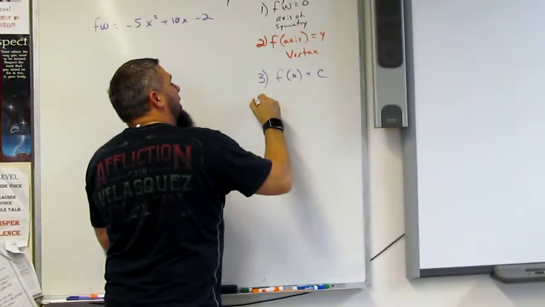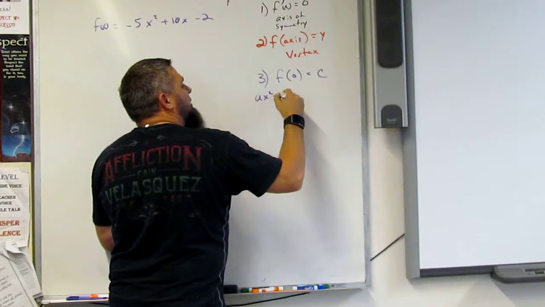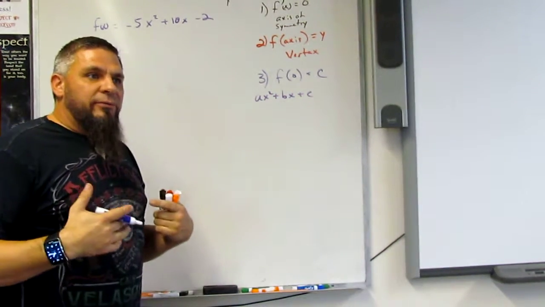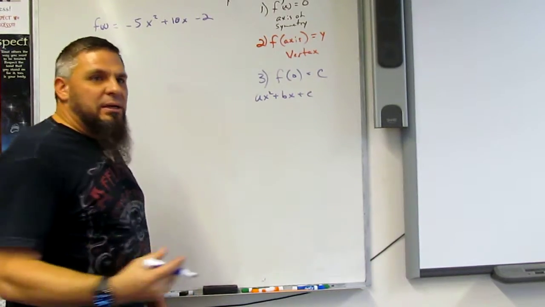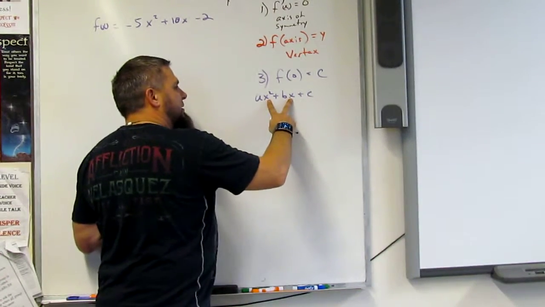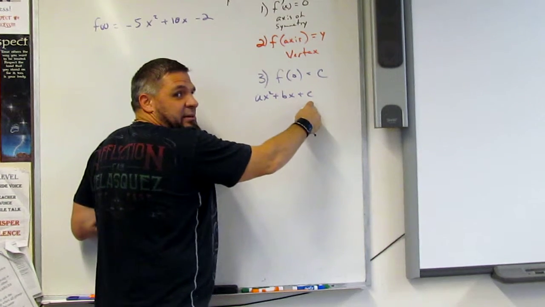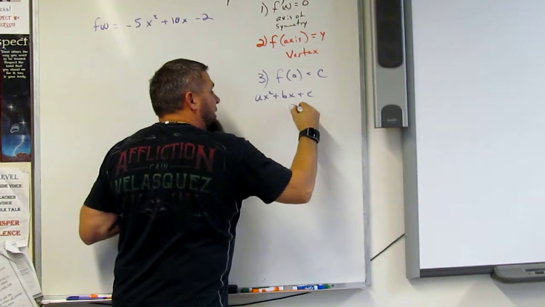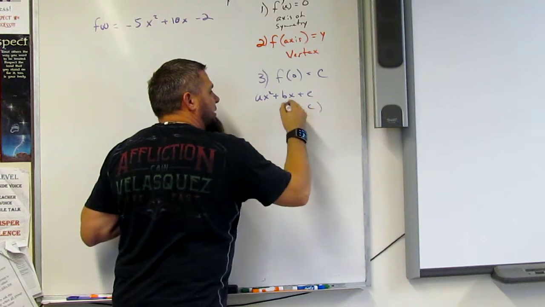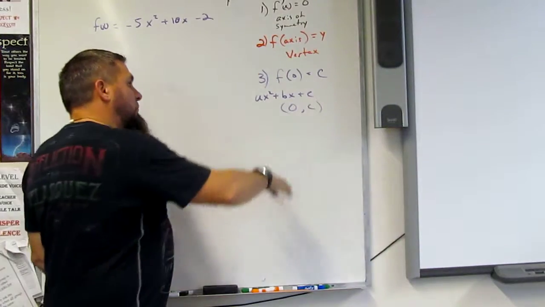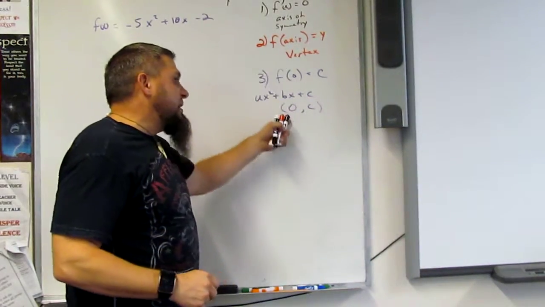Because ax squared plus bx plus c is the formula for a quadratic, right? And if you plug in 0 for x, these cancel. And so the only thing left is c. And so it's going to be 0 and c is your point. So you have a vertex, you have a point.